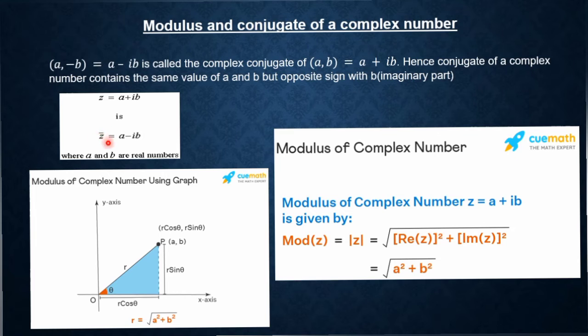Modulus is found using the distance formula or the Pythagoras theorem. If a and b are the perpendicular and base, then using the Pythagoras theorem, r becomes the square root of a squared plus b squared, if a plus iota b is the complex number. Let's move to the Argand diagram.